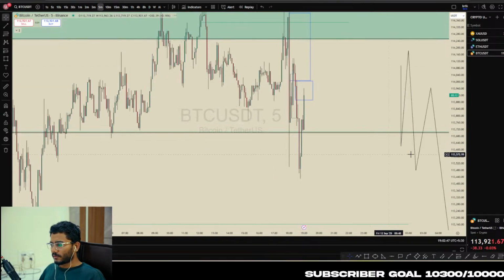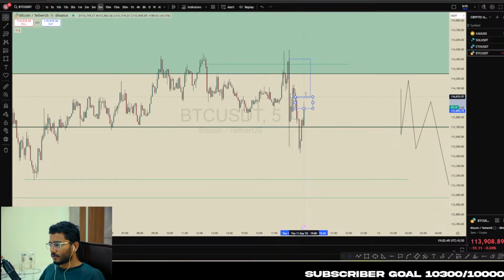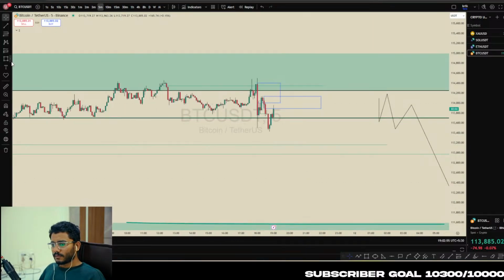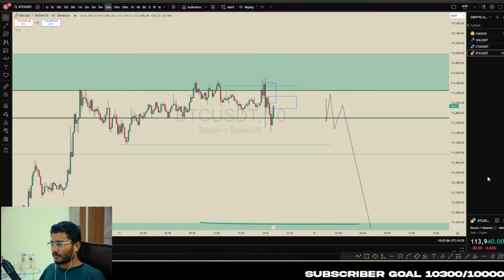So we'll react from this order block. It can continue, but it's not a good confirmation. We want price to at least create some kind of liquidity, and then it should retest. That will be a good entry.